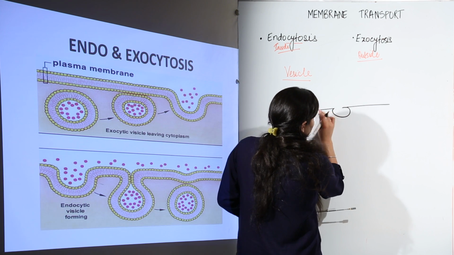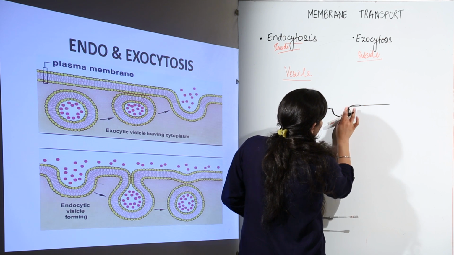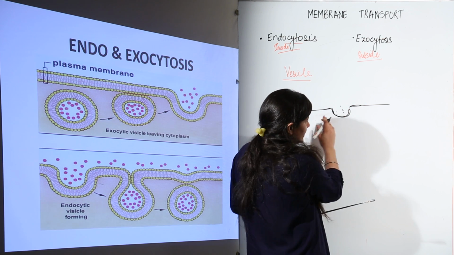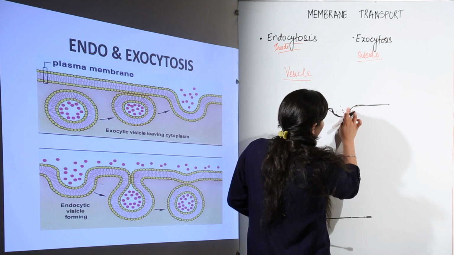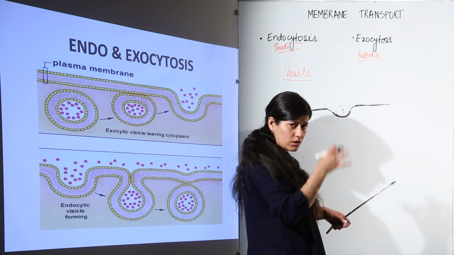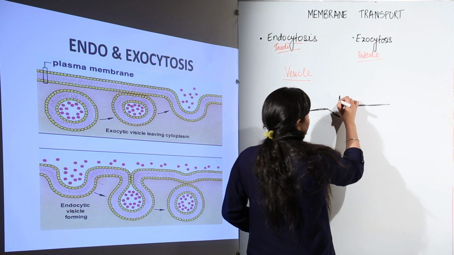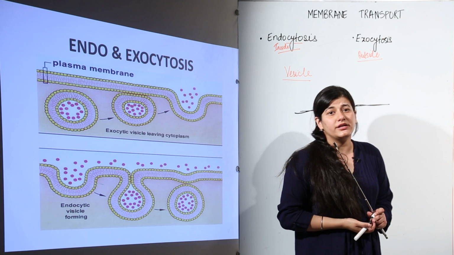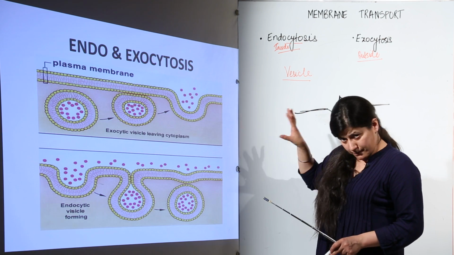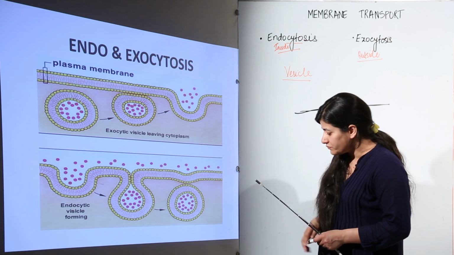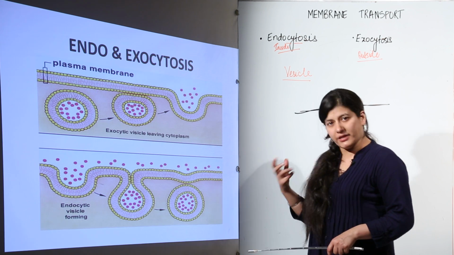According to the fluid nature, this membrane would become like this for some time, and whatever particles are present inside it, this membrane is fluid. So it elongates, or folds itself, or embeds all the lipids which were present in the vesicle, and the particles which are not required would be thrown out by the process of exocytosis.